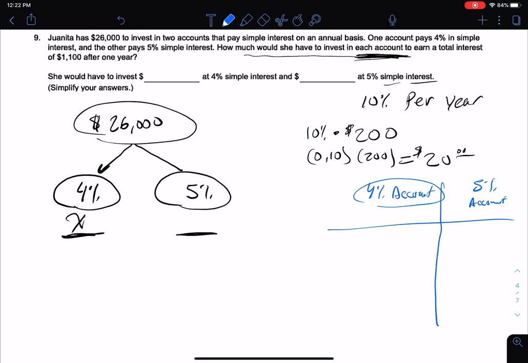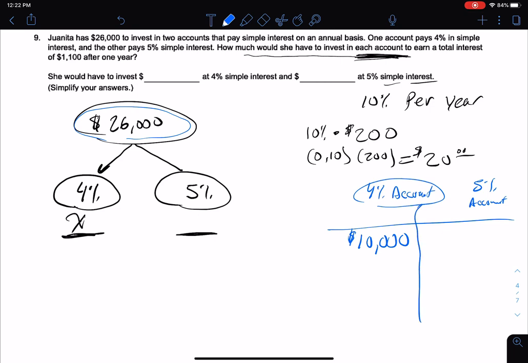So if you're starting with $26,000, right? This is the connection between the dollars in both accounts that we have to show in our equation. If you're starting with $26,000, well, what if I told you the 4% account had $10,000 in it? How would you know what the 5% account has in it? How much would be in the 5% account?